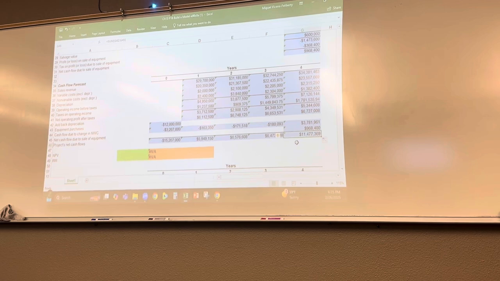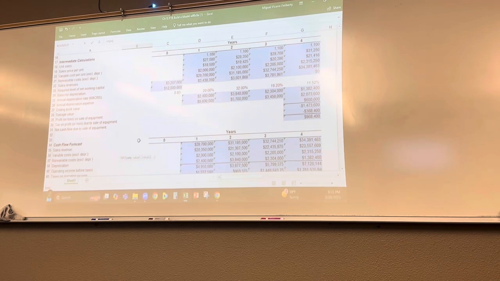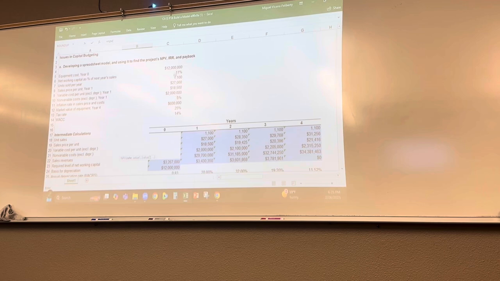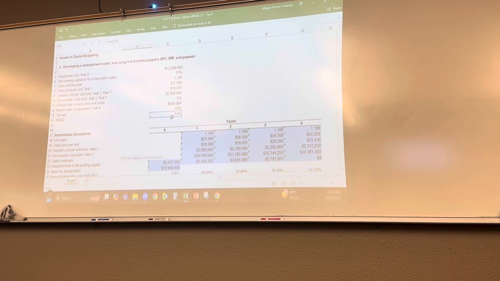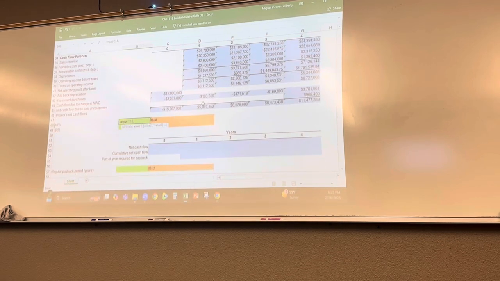All right, any questions? Got your cash flows? The next part of this is NPV and IRR. The NPV function is equals NPV, find the rate. We have a weighted average cost of capital of 14%, we know that that's our discount rate for this project. Then we go to the future cash flows.